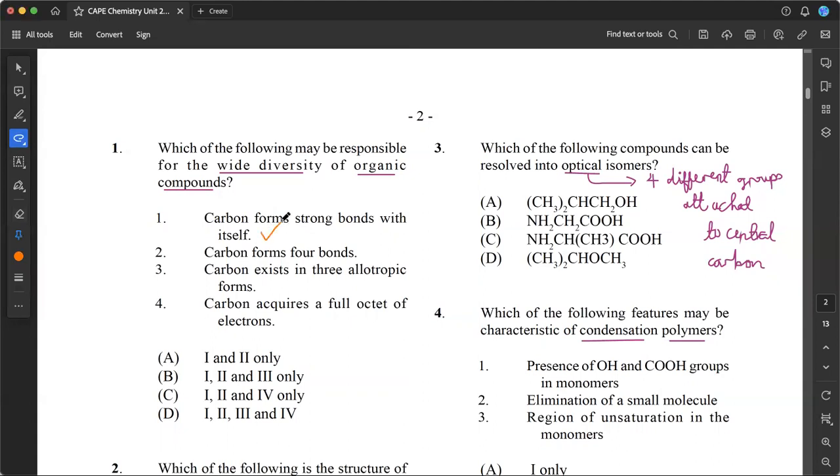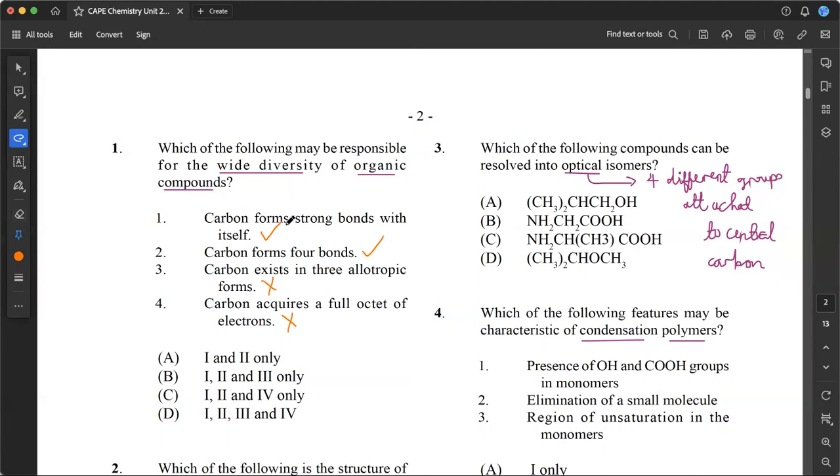Yes, that's correct. We call that catenation. Is it that carbon forms 4 bonds? That's correct. That's tetravalency. Is it that carbon exists in 3 allotropic forms? Not particularly useful in organic chemistry. Is it that carbon acquires a full octet of electrons? Not particularly. That's not the reason for this diversity.